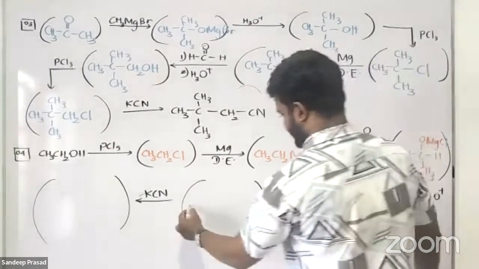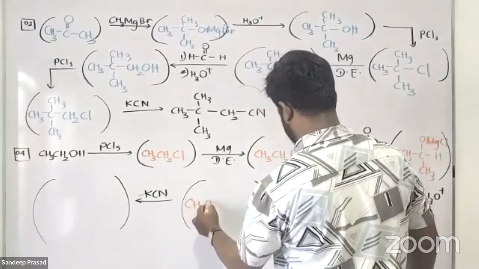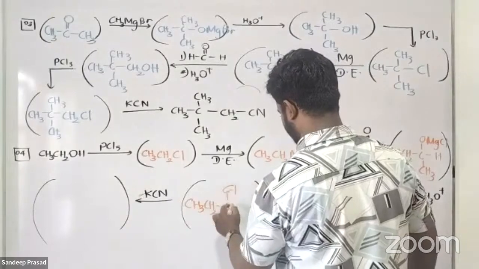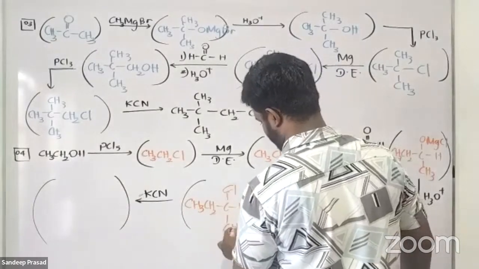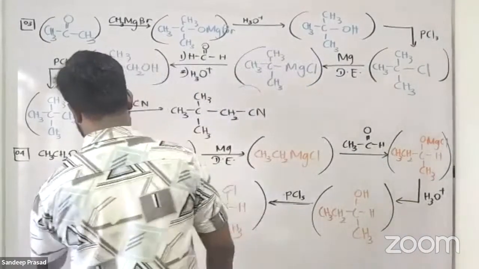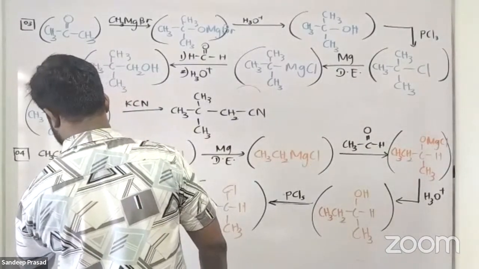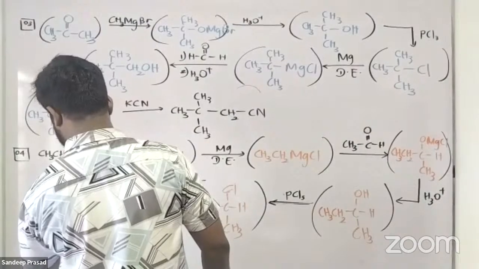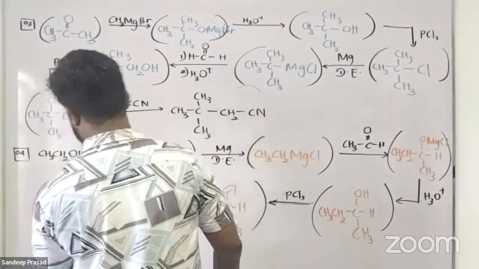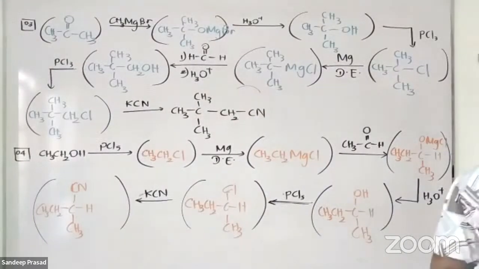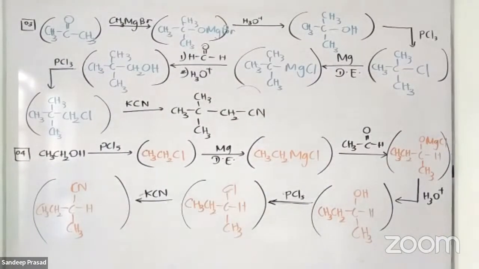And PCl5 is added to that alcohol. OH is converting to Cl. When we add KCN, what will happen? Cl is converting to CN. Very easy. In this way. So that is the third one and the fourth one.